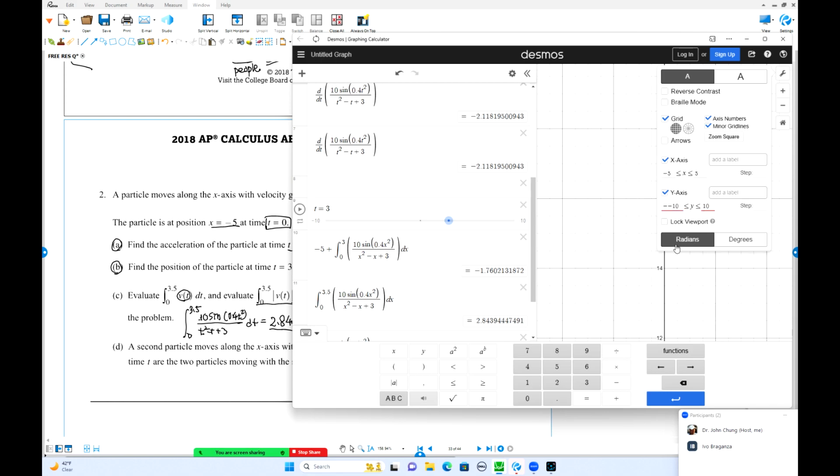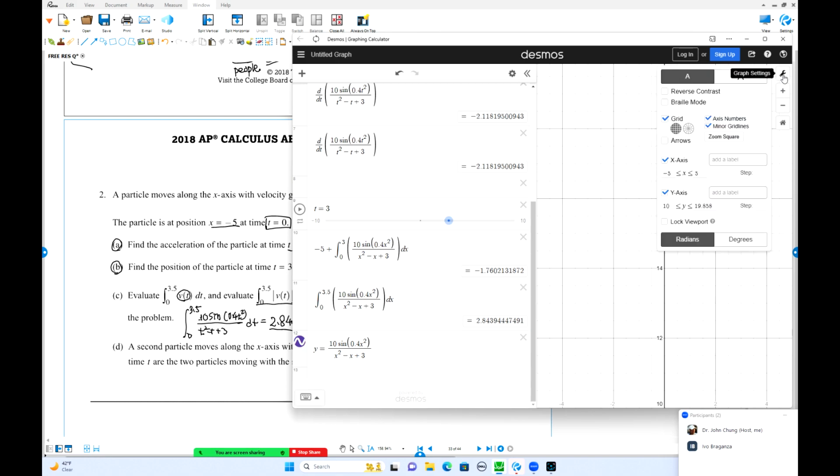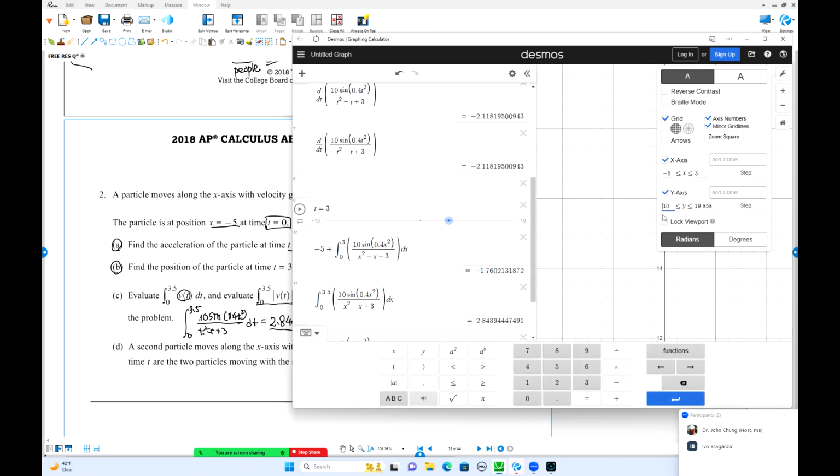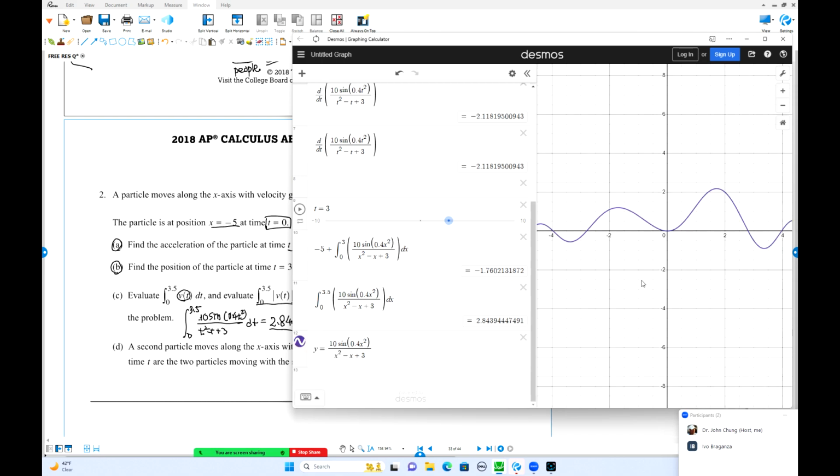That's enough, right? Where's the graph? Negative 10 to positive 10. Okay, that's the graph. It's okay. Yeah.